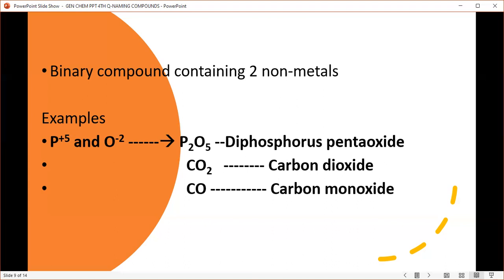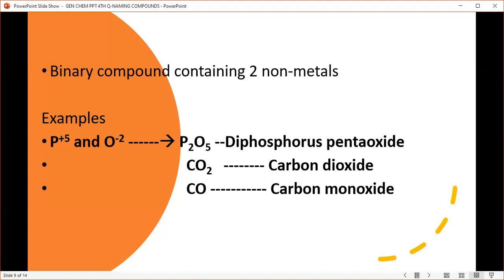So class, as you can see, it should be monooxide. If there is a repetition of the vowels, we just simply omit one of them and go on with the term. So that's going to be carbon monoxide. In some books you might encounter monooxide, but in other books you can also encounter monoxide only.